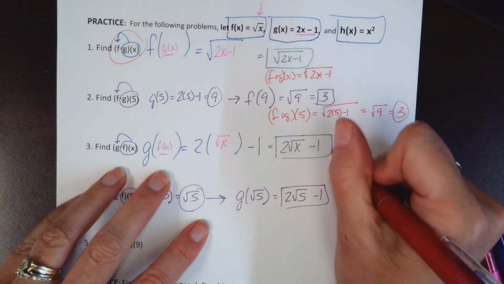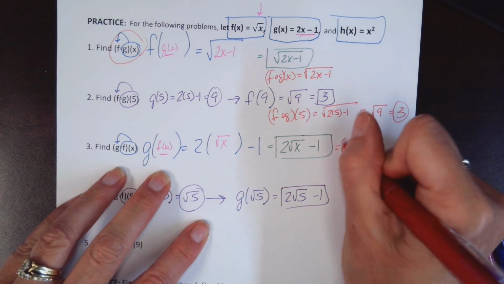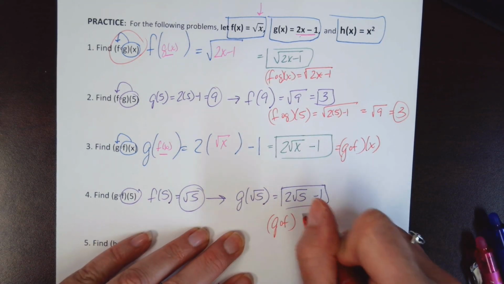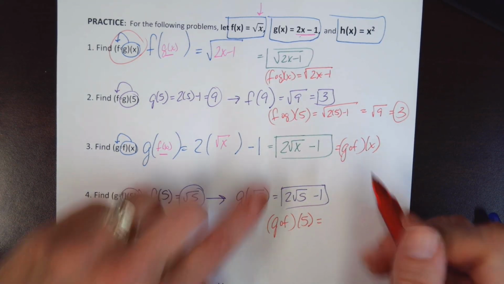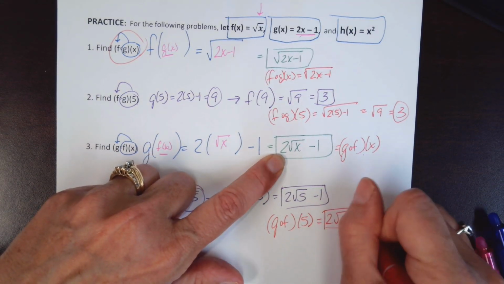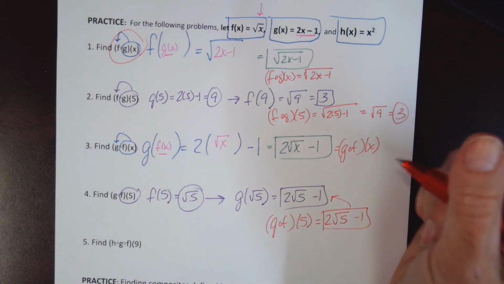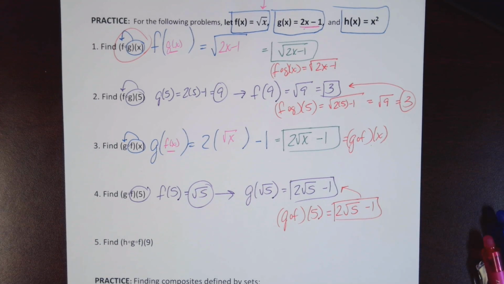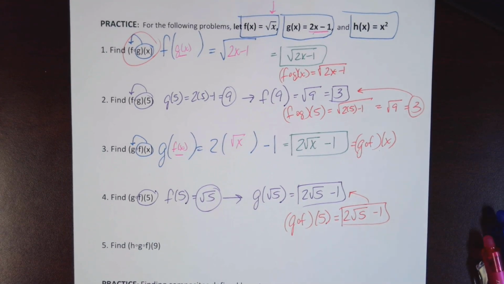Right here, this is g composite f of x. So if I do g composite f of 5, right here, 2 times square root 5 minus 1, and that's what I got. So we worked it 2 different ways to prove to you that it was going to work.